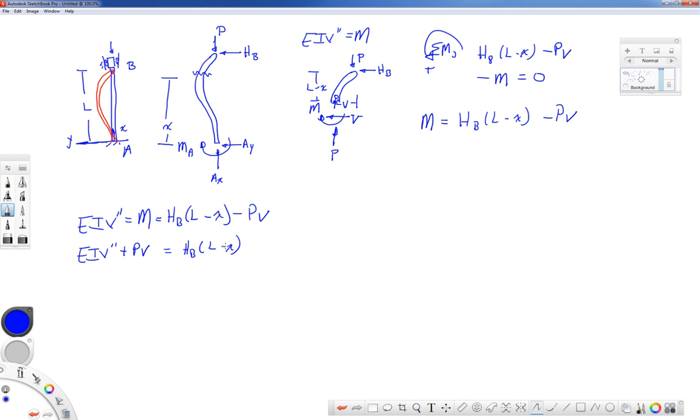When that happens, what I have is what's called a non-homogeneous ODE. And if you've taken a class in differential equations, you might remember the terms particular and complementary solution. That's the approach that we're going to have to take to solve this. But before we do that, let's do what we did before, and let's divide both sides by EI.